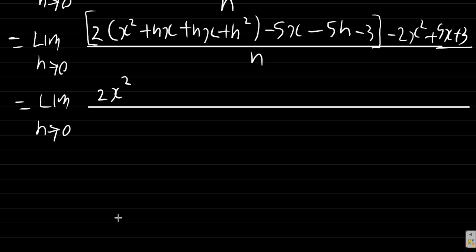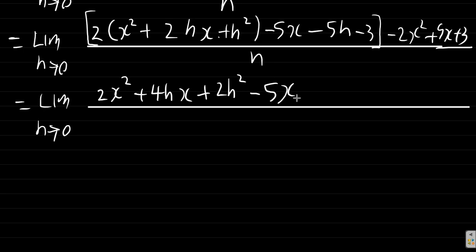So you see this hx plus hx. 1hx plus 1hx give you 2hx. You could just write that from now. 2 times 2hx give you 4hx plus 2h squared, right?